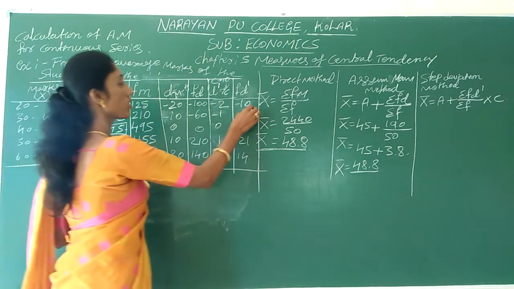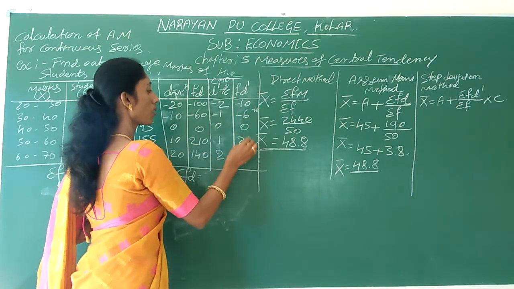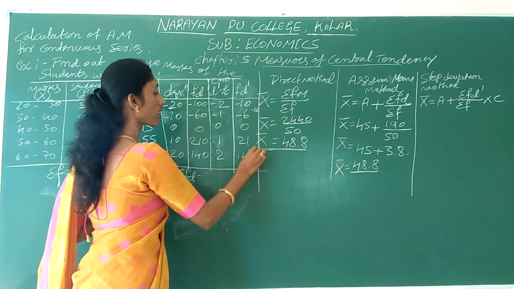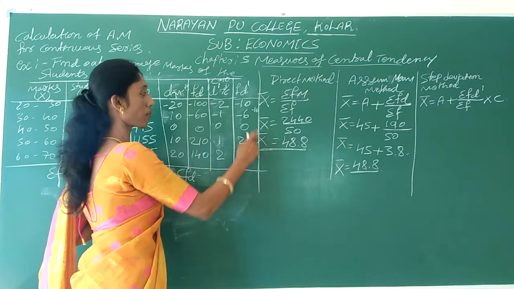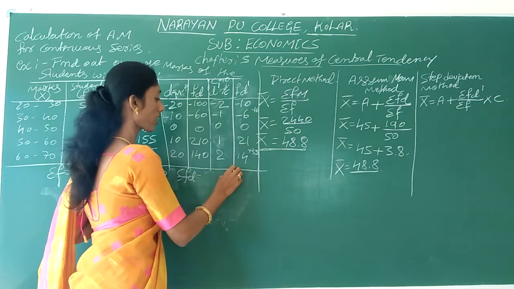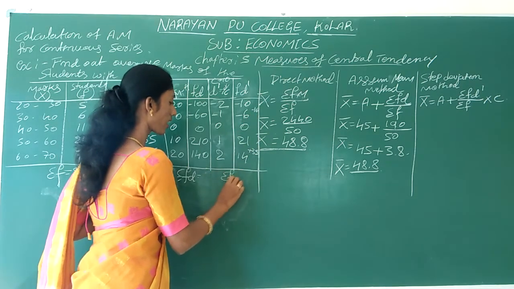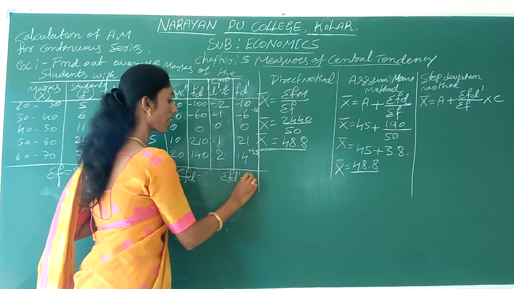And here the minus values total 16. The plus values are 21 plus 14, that is 35. 35 minus 16, we get sigma f d dot is equal to 19.